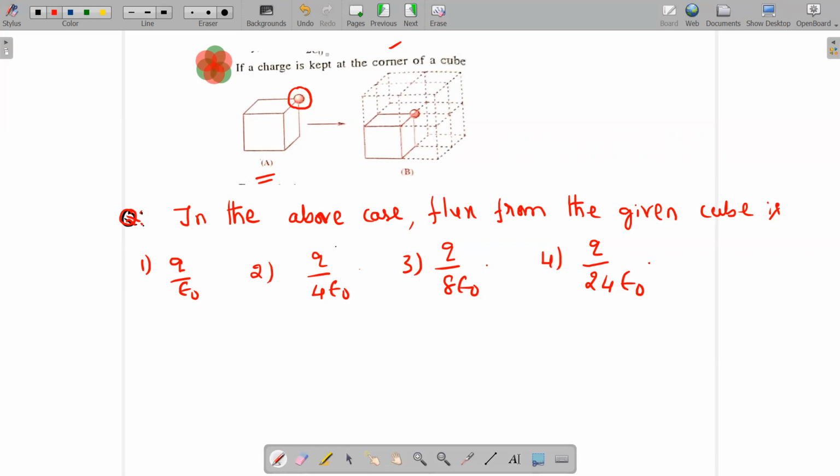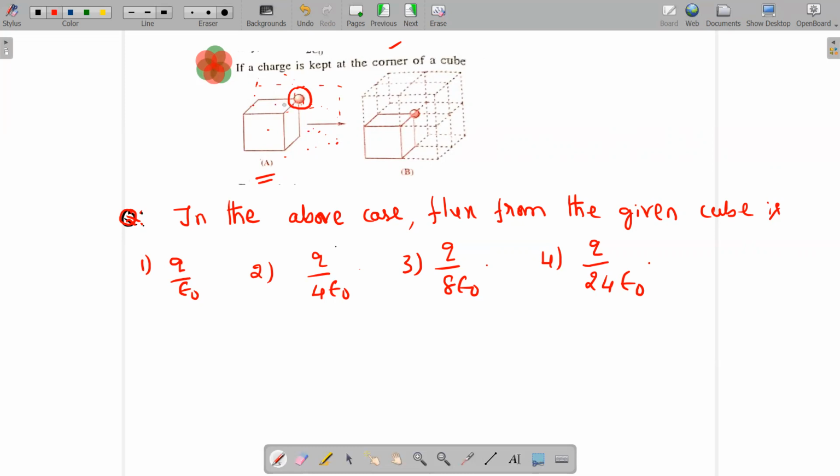For that purpose, if this is a cube and here is the charge, you have to construct one cube here, and one cube here. So side by side, 2 cubes will come here, and the flux will be going here also. To cover that, you have to construct one cube here, and to cover the flux here, you have to construct one more cube.